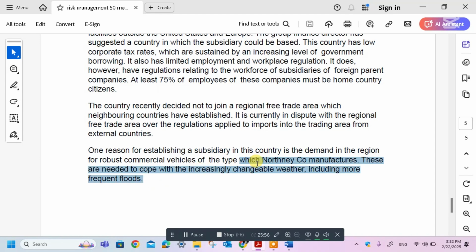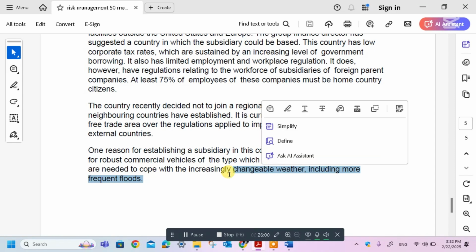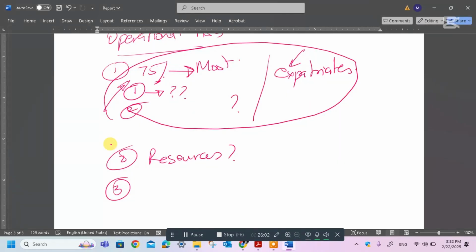So the company has to keep provision for this as well, where the operations are going to be frequently affected by floods and adverse weather conditions. What is the company's plan to face this?